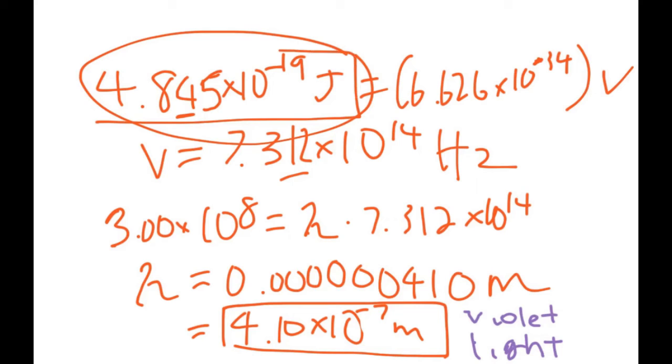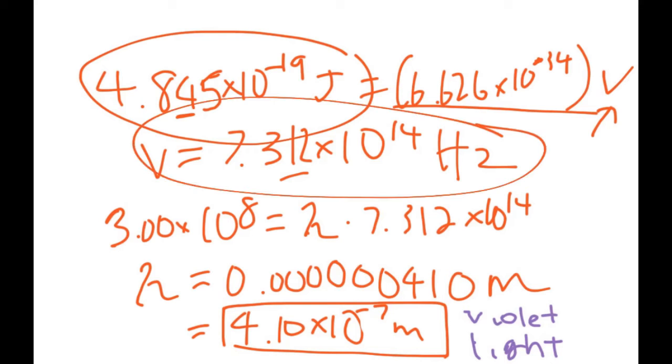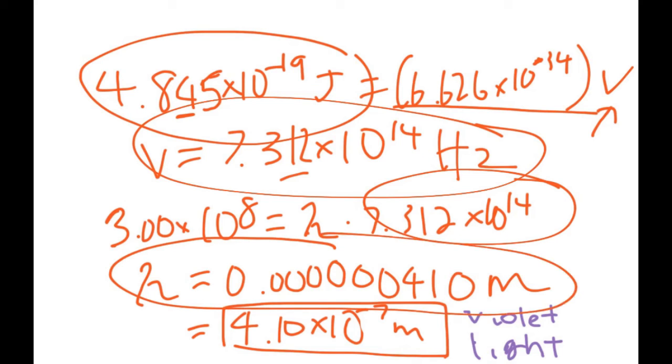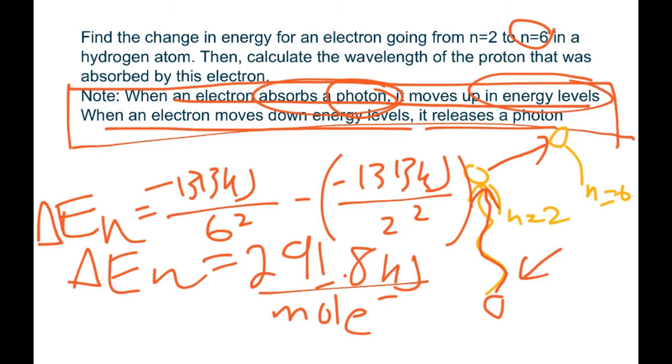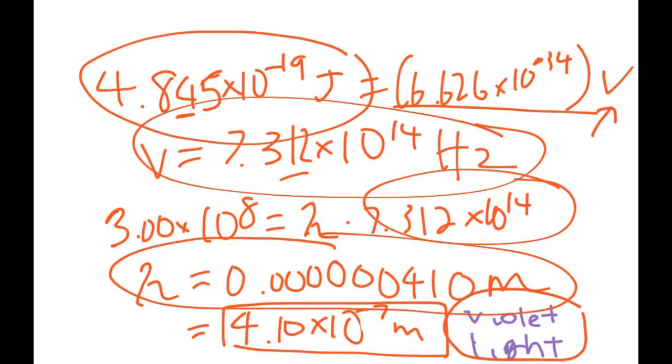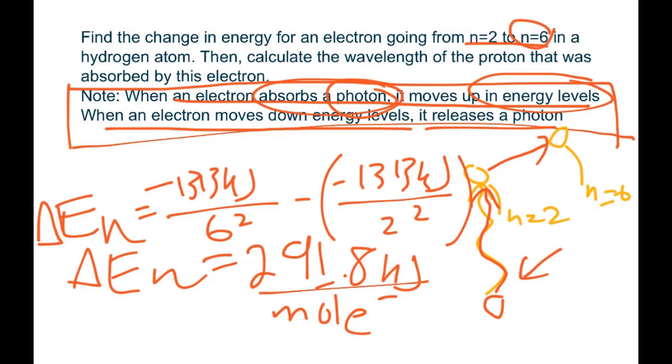So this is the energy that the photon needs to do that, and I set it equal to Planck's constant times the frequency, got the frequency, then used the frequency to find the wavelength, which turned out to be 4.10 times 10 to the negative 7 meters, and this corresponds to the wavelength for violet light. So for this 1 electron to move from n equals 2 to n equals 6, it needs a wavelength of about 4.10 times 10 to the negative 7 meters in order to cause this change to happen.